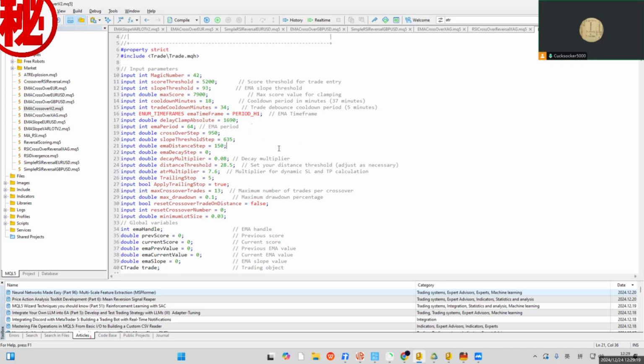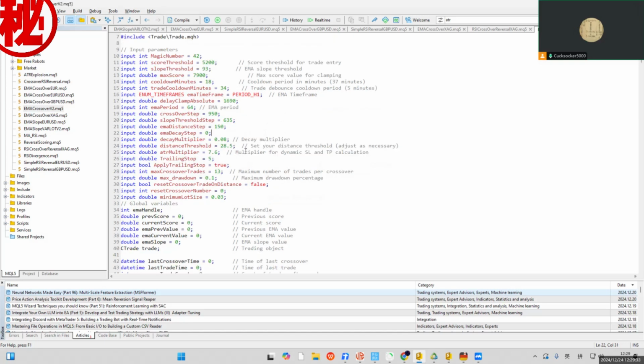It uses the distance to the EMA and the slope of the EMA to determine the steps. I found the EMA decay step is pretty useless, and this is the distance threshold. It will count the score when the distance to the EMA reaches the threshold.